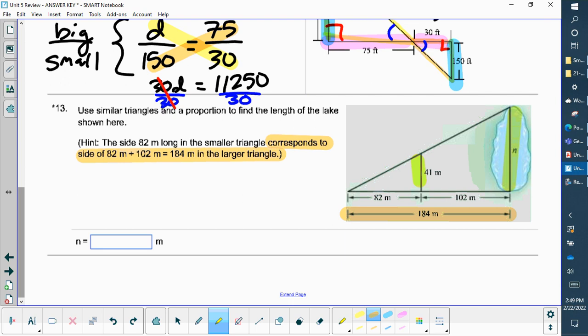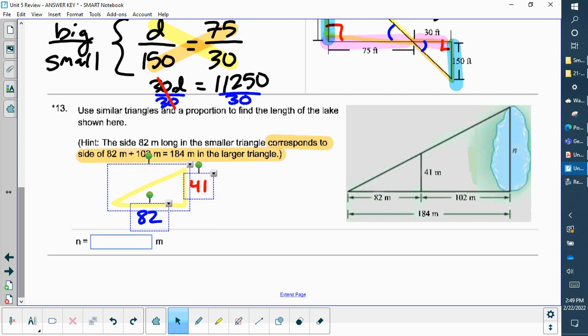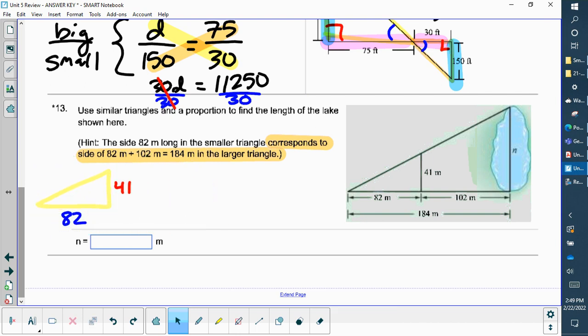So again, if I were to pull them off and do quick little sketches, this is my small triangle, and I pull that over here, and I get 41 for my vertical side, 82 for my horizontal side. Maybe I'll pull it off even more. And then I'll do the same with this big triangle.